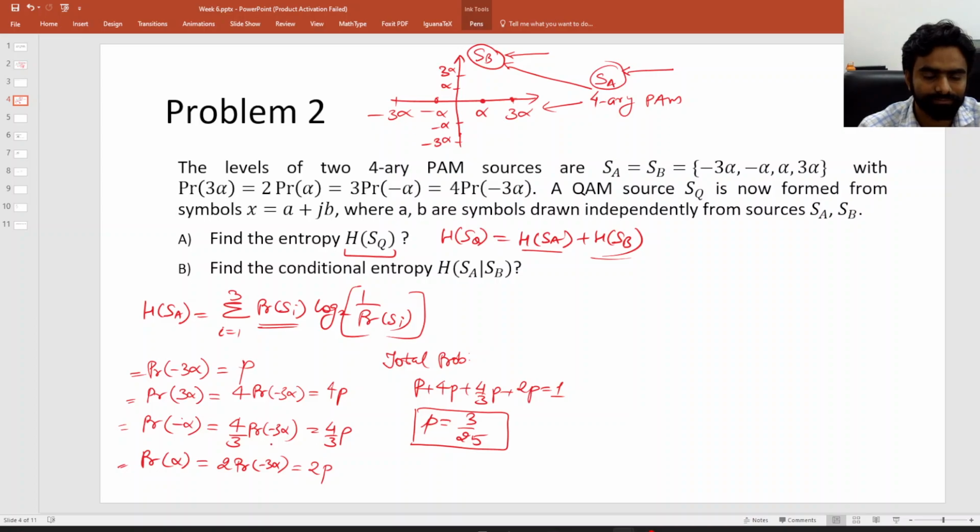Now what? We use this equation and put the value of P here. So 3 by 25, it would be 12 by 25.